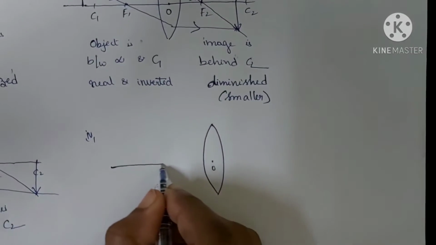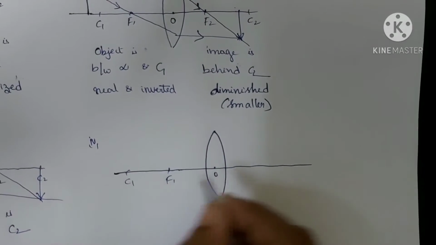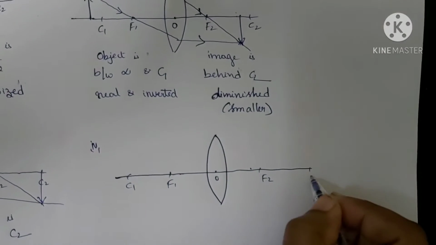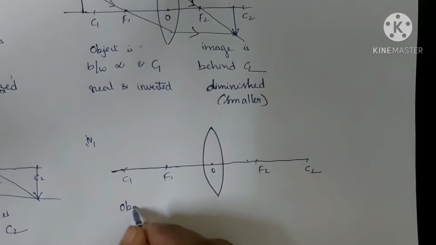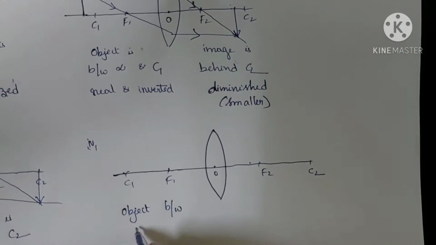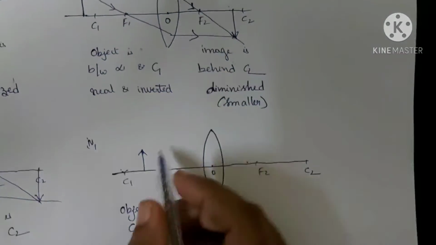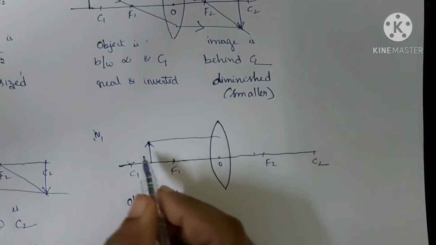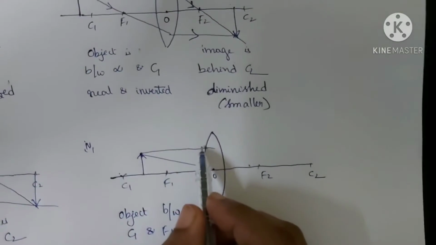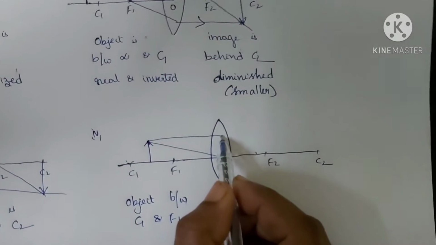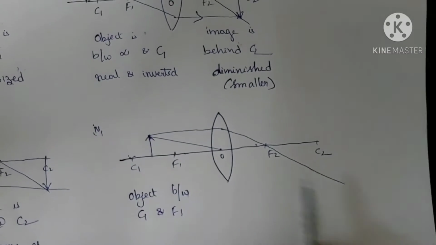Optical center O, principal axis, F1, C1, F2, C2. Now I'm placing my object between C1 and F1. Here I take a ray parallel to the principal axis and a ray through the optical center. The ray parallel to the principal axis will come to the focus, so I'm just extending it.